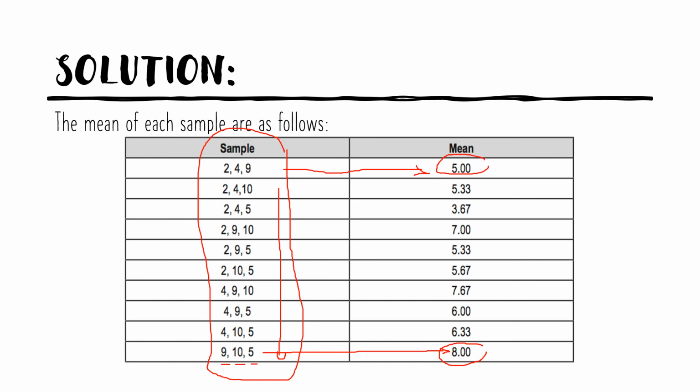Same process for each value of your sample, or possible combinations that we can get from the numbers involved with the size 3. So how we can get the mean is that we need to get the average of these three numbers. We just simply get the total of these three numbers, then we divide it by 3 to get the value of your mean that will be mapped in each possible combination that we can get from the numbers involved.